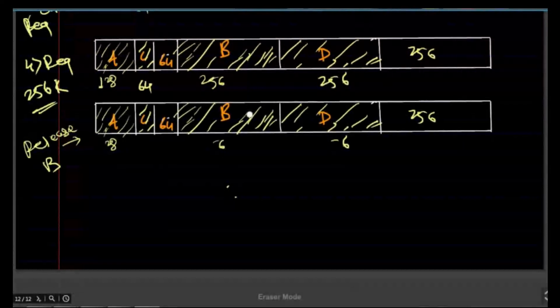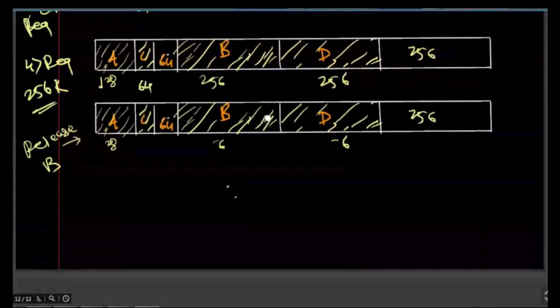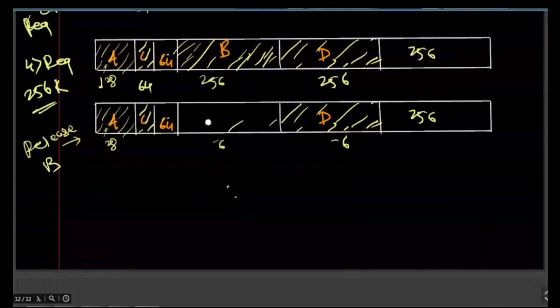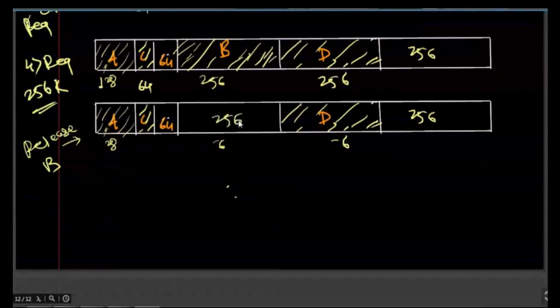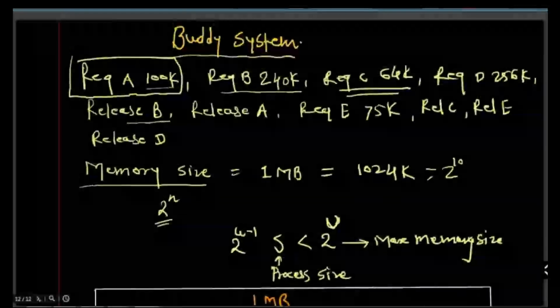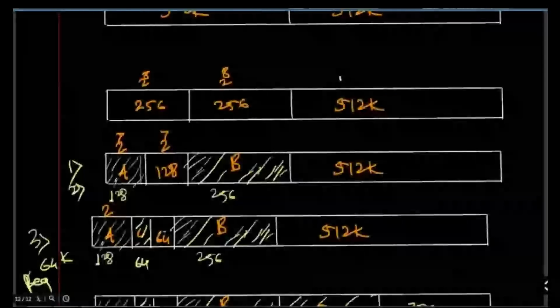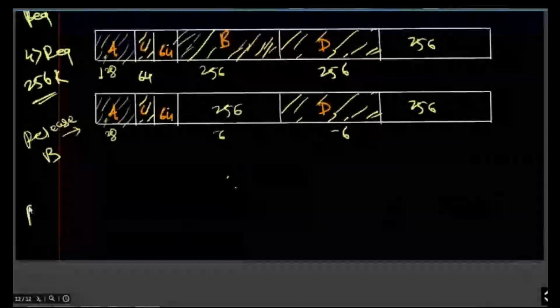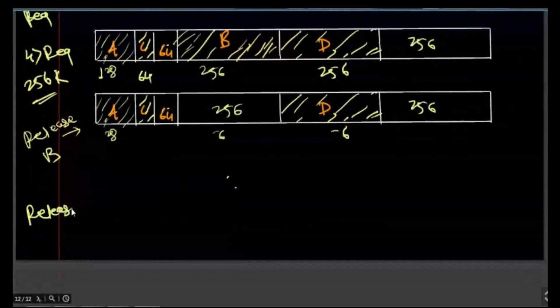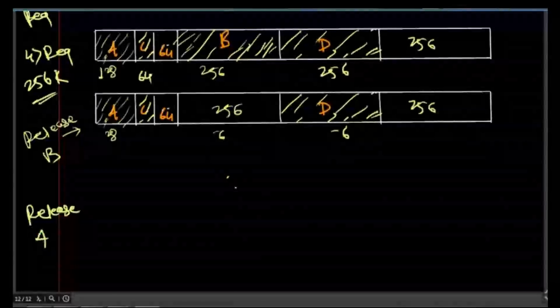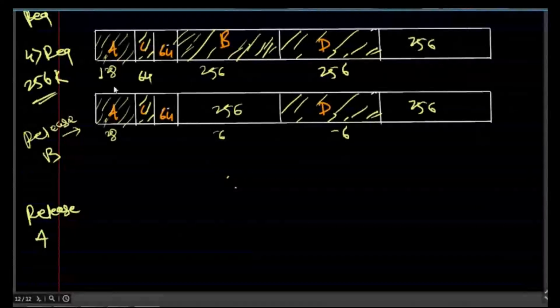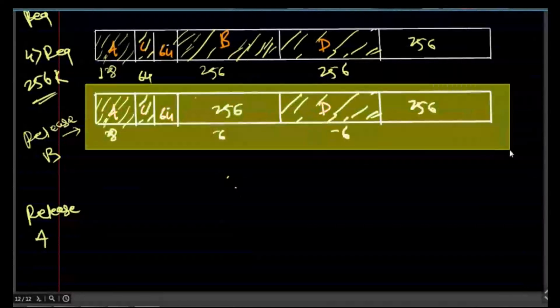Release B means whatever memory was allocated to process B will now be free. And how much was it? It was 256K. So this memory is now free. Then after release B, next is release A. So let us remove process A from the memory.